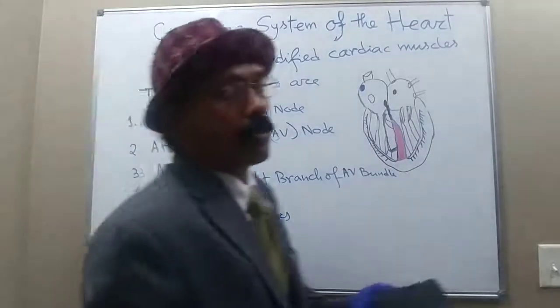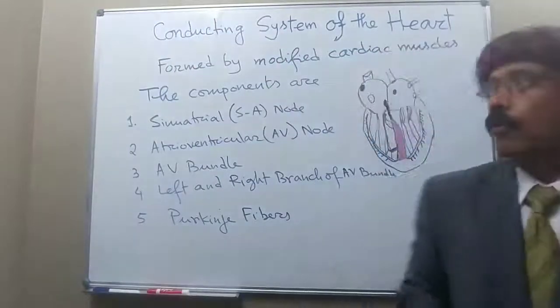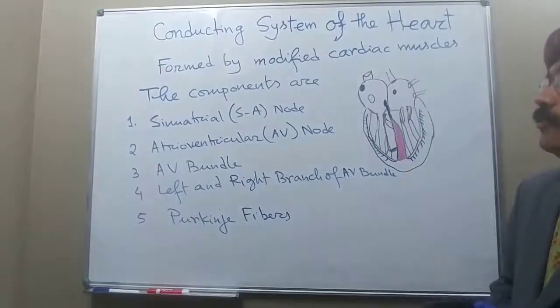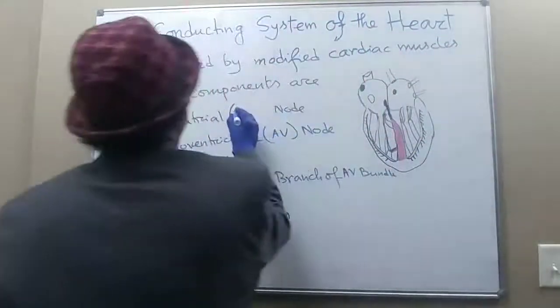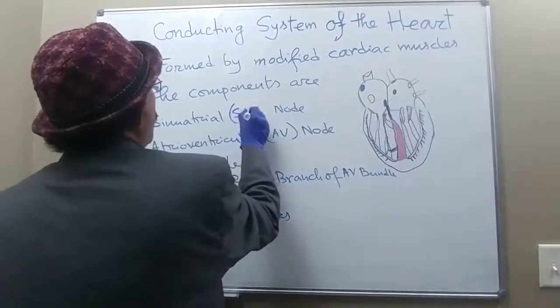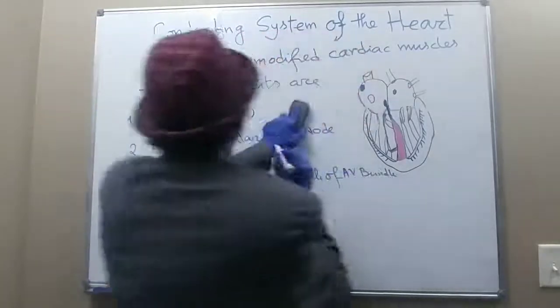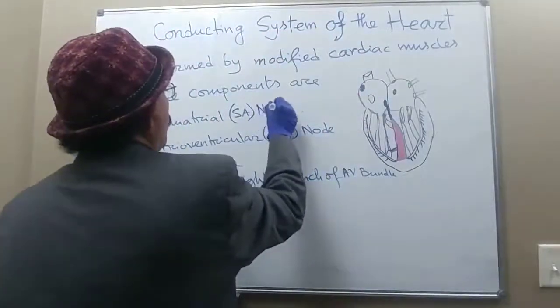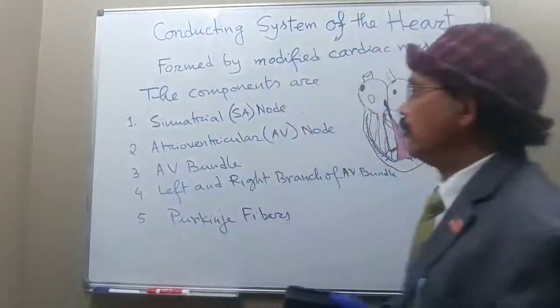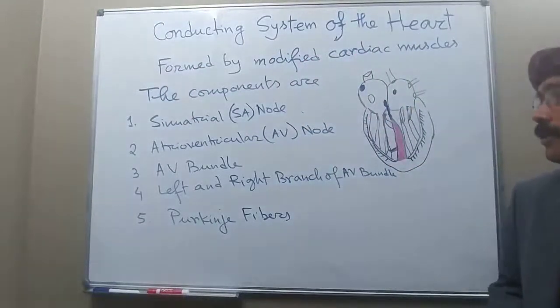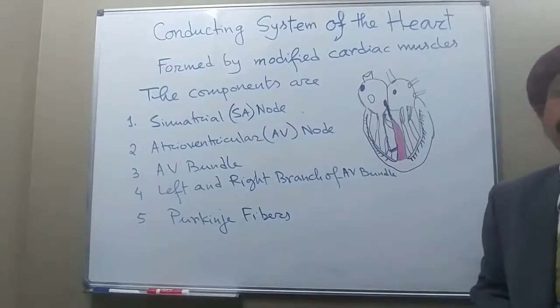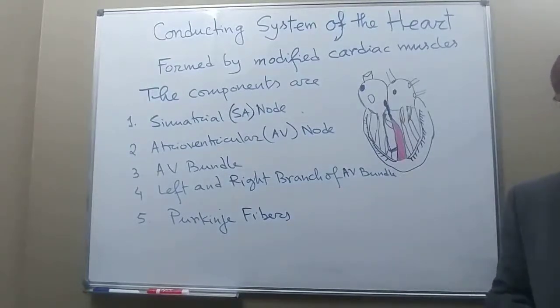So these are the components of the conducting system of the heart: the SA node or sinoatrial node, the atrioventricular node or AV node, the AV bundle, the left and right branch of the AV bundle, and the Purkinje fibers.